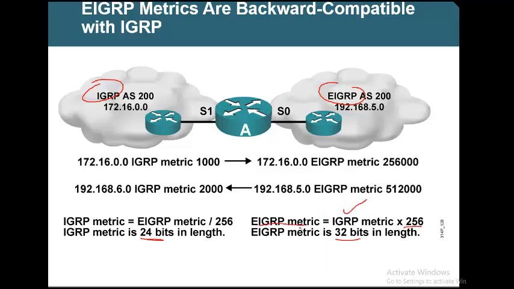That will give you EIGRP metric. If you want to convert that into IGRP metric, then you divide by 256. Take the EIGRP metric, divide by 256. Again, this is all not really needed. Why? There is no more IGRP in the industry. It's removed from the routers.